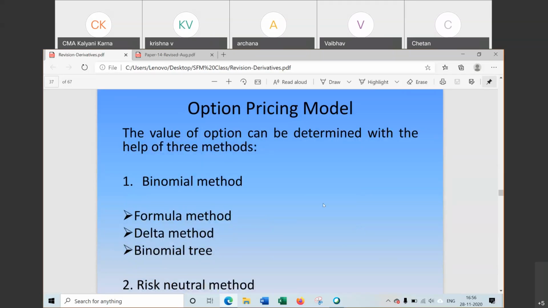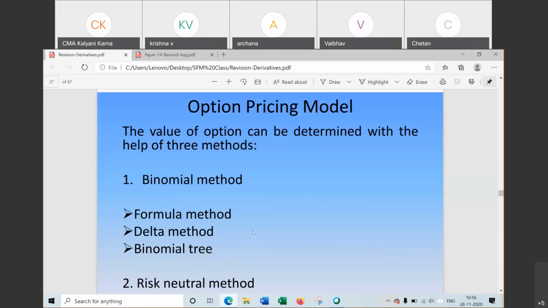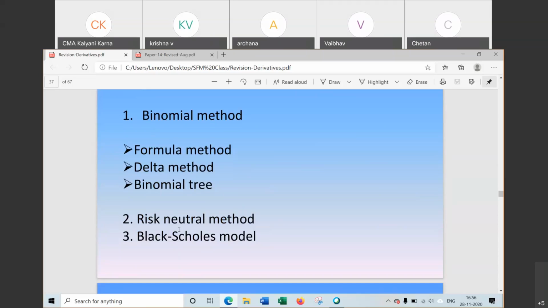Now option pricing model. However, for the option pricing model, delta method has been asked. But there are 5 methods. Under binomial method, 3 methods: formula, delta and binomial. I will not go through all the methods because आपके लिए काफी लंबा होगा ये revision. Binomial method: formula, delta and binomial tree, risk neutral, Black and Scholes model.